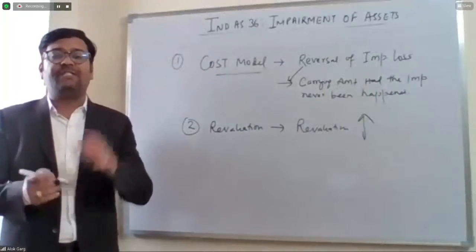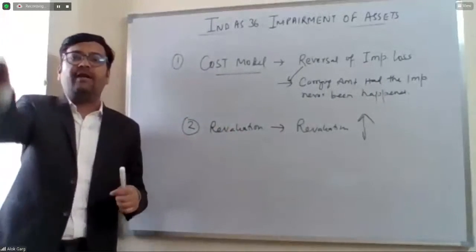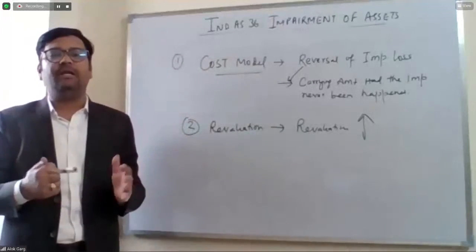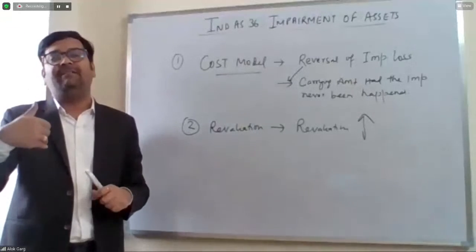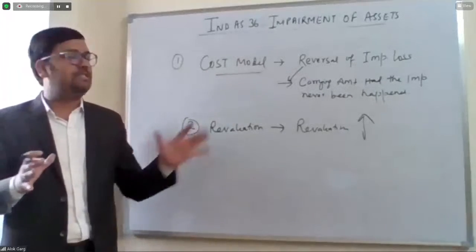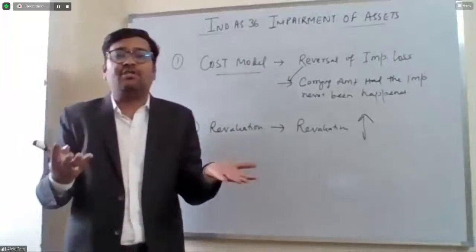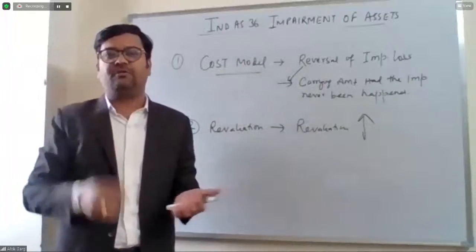Whatever amount has been debited in P&L has to be reversed in P&L, and over and above that will go to OCI. So in case of a revaluation model, it can go beyond the revised carrying value, up to the recoverable value. There is no concept of lower in case of the revaluation model, because revaluation means fair value, and fair value could be more than the carrying value or more than the cost also.